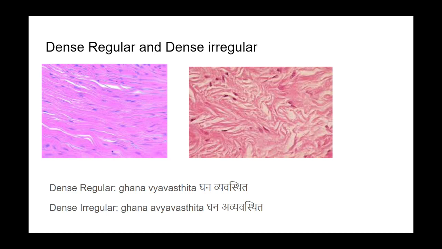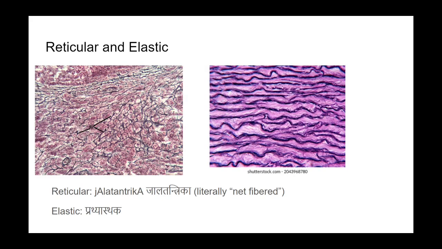Regular is vyavastita. Dense irregular is self-explanatory. Ghana avyavastita. Reticular is named for its net-like fibers that you see in black on the left, which would be jala tantrika, meaning net-fibered. Elastic, it's because it's stretchy, which in Sanskrit is pratyastaka, meaning stretchy or elastic.